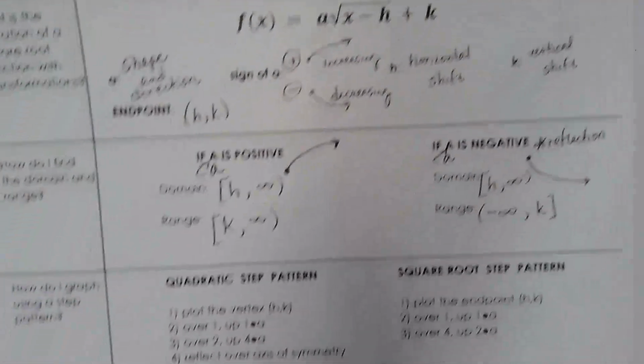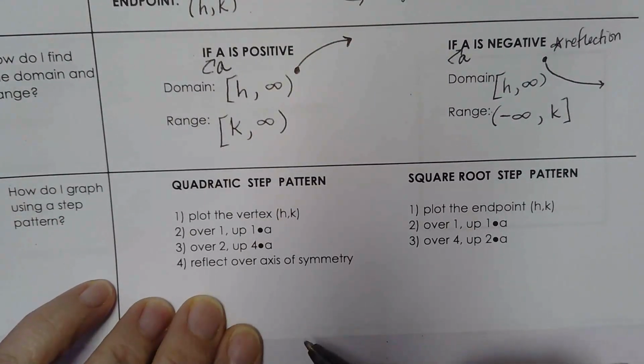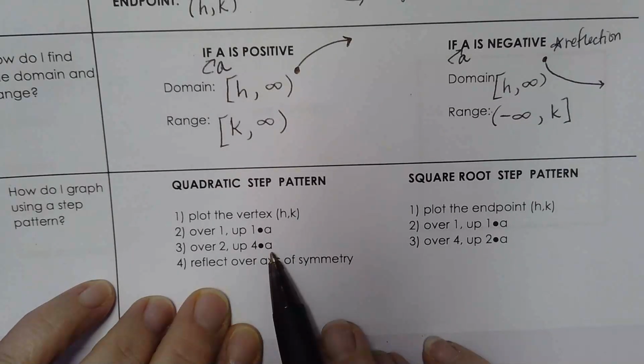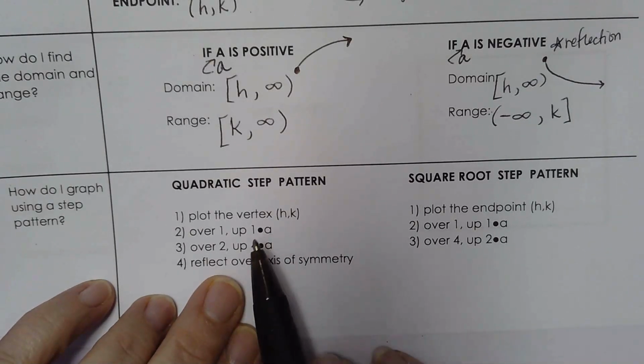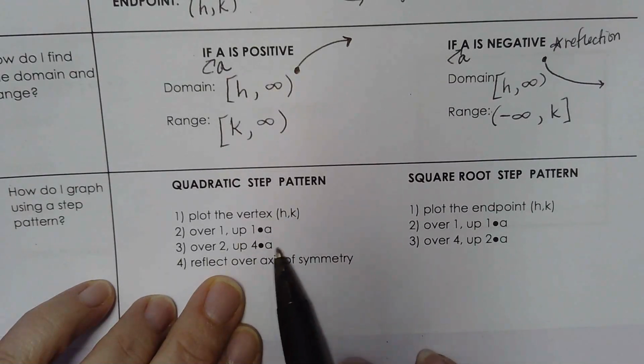There's a note on here for how to graph using the step pattern, and when I explain step pattern, I explained it just a little bit differently. The notes that are on here explain as you starting from the vertex each time to count.